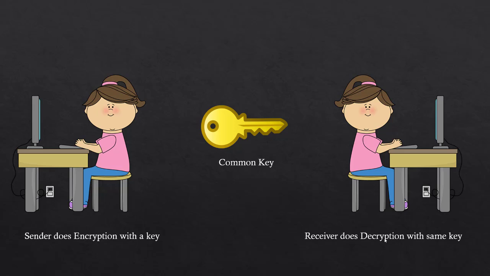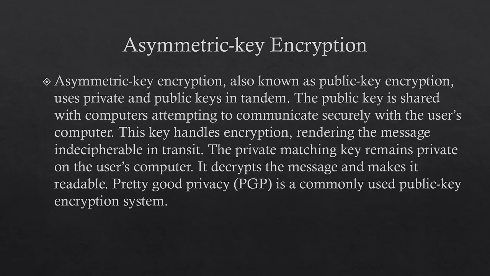Now let's understand what asymmetric key encryption is. Asymmetric key encryption, also known as public key encryption, uses private and public keys. The public key is shared with computers attempting to communicate securely with the user's computer. Like Google and Facebook, they will share their public key with you or somebody wanting to communicate with them.